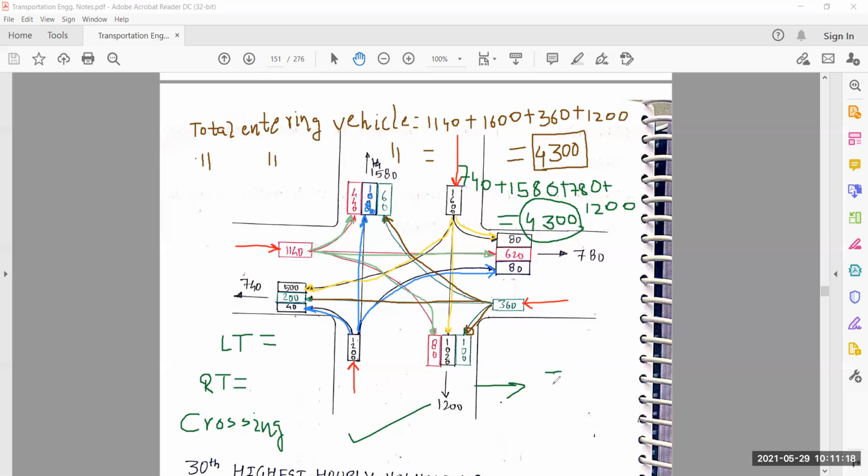Traffic flow, traffic volume, traffic capacity, all are similar. These things we will discuss later.